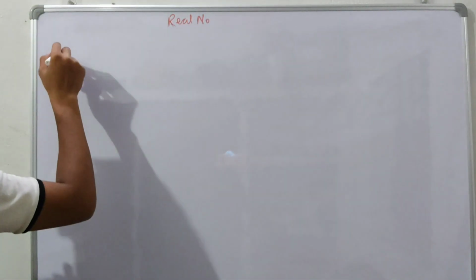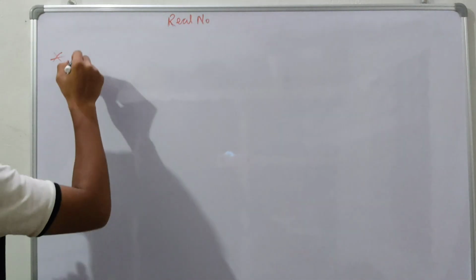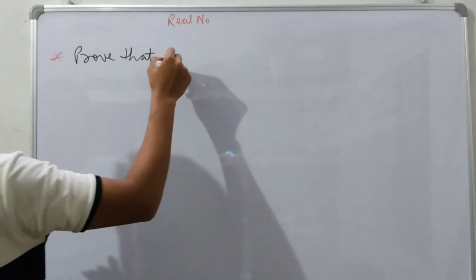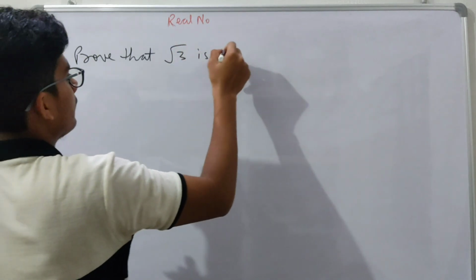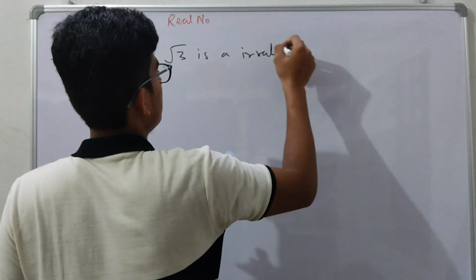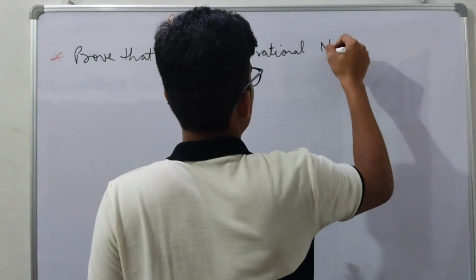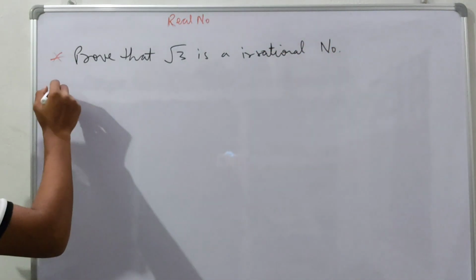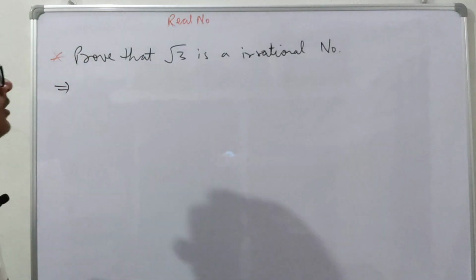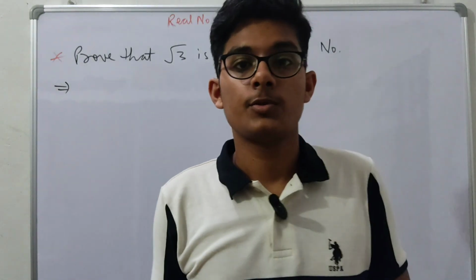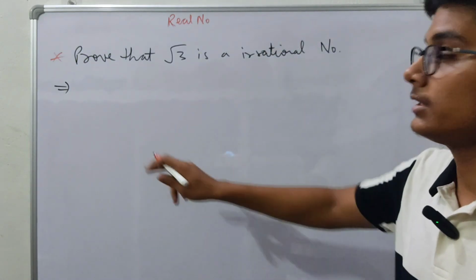How to do that? Take this example question: to prove that √3 is an irrational number. So how to prove that √3 is an irrational number?